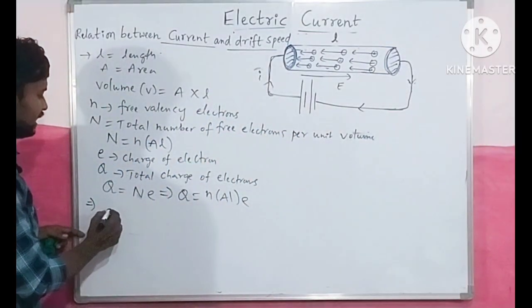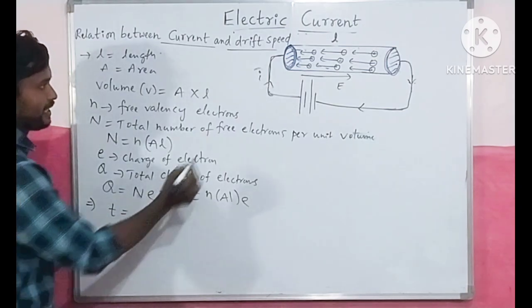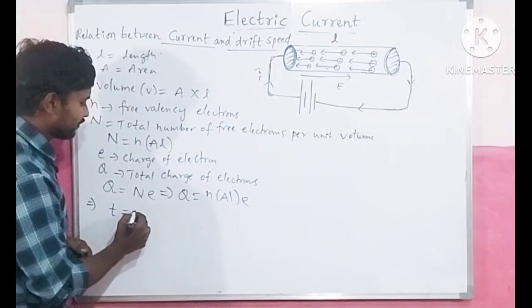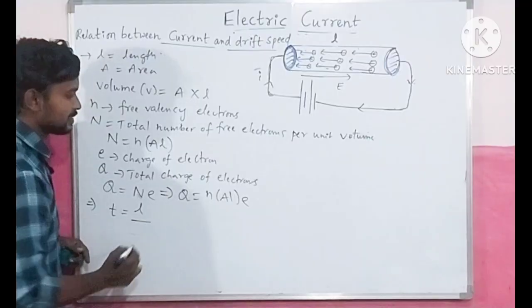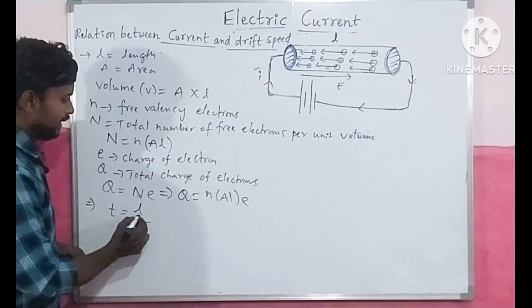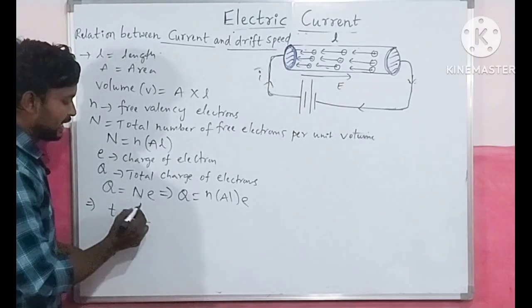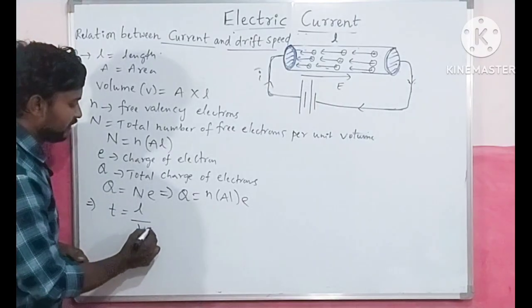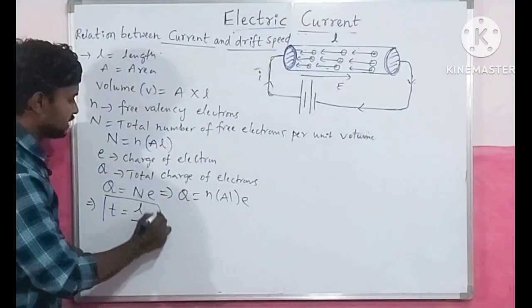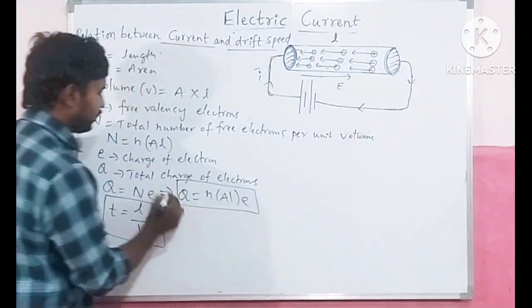We know that time t equals distance by speed. Here distance is the length L of the conductor, and speed is the drift speed Vd.